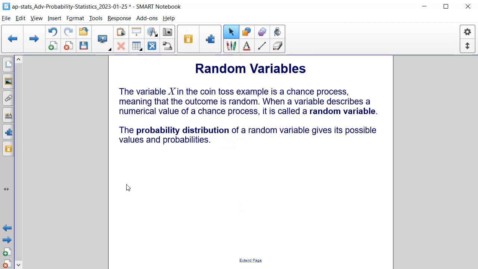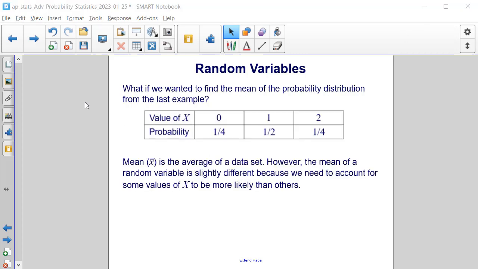The variable capital X in the coin toss example is a chance process, meaning that the outcome is random. When a variable describes a numerical value of a chance process, it is called a random variable. The probability distribution of a random variable gives its possible values and probabilities.